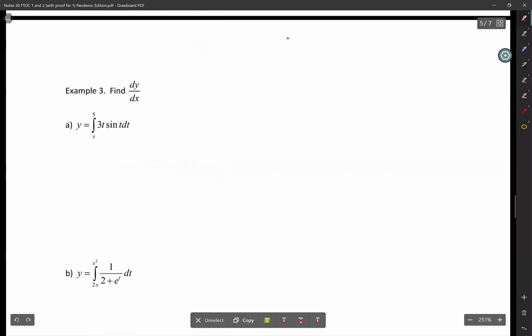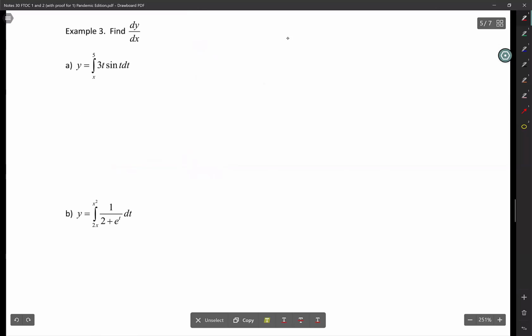All right, example 3. You got to have a constant at the bottom and an x at the top. Can I take the derivative immediately on example 3a? No, you got to use your properties. Before you do anything, rewrite it. Y equals, if I switch your limits on the integral, what happens on the outside of the integral? Negative. So put a 5 in the bottom, x at the top, 3t sine t dt.